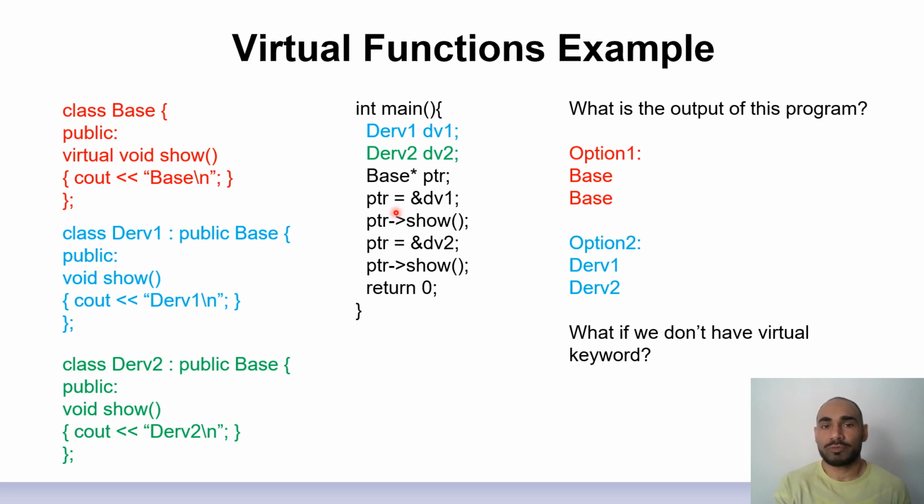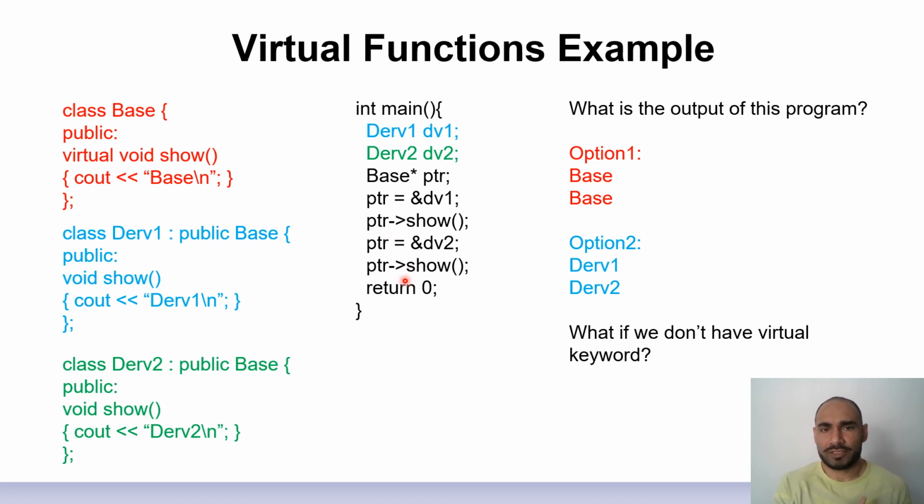So what we're doing here, we are assigning the address of an object to a pointer. The only thing here to understand is that this dv1 object is of type derived 1, which is this class here, and this pointer is of type base. So the compiler is perfectly happy here. It will allow this statement.